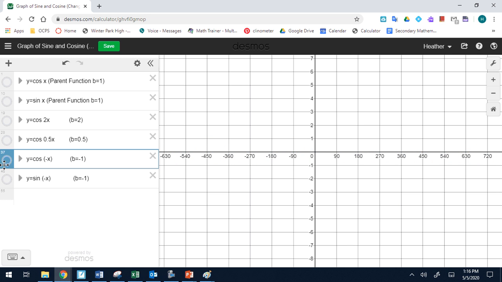Now, let's go back and take a look at what's actually happening here. My 0, 1 stays 0, 1. My 90, 0 becomes -90, 0. I'm multiplying the x value by a negative.